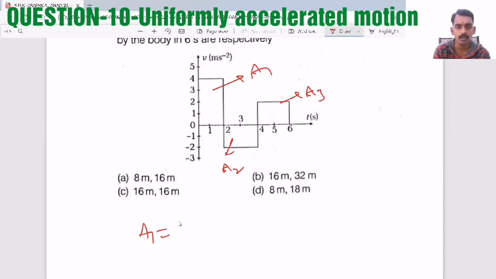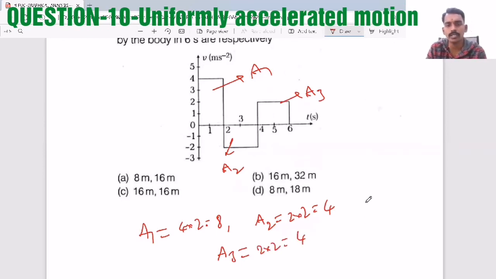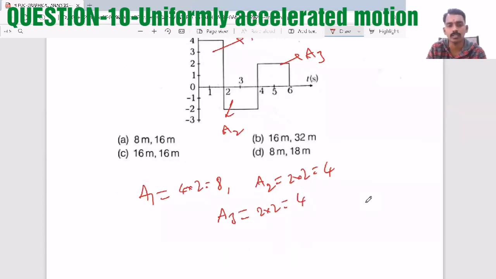A1 is a rectangle, 4 into 2, that is 8. A2 is 2 to 4, so length 2 and height 2, 2 into 2, 4. And A3 is also the same, 2 into 2, 4. But here A2 is negative, A1 and A3 are positive.